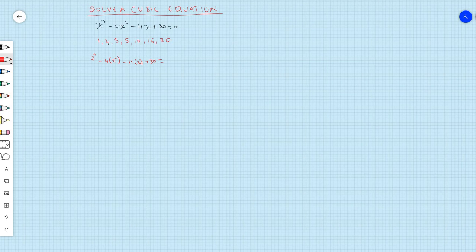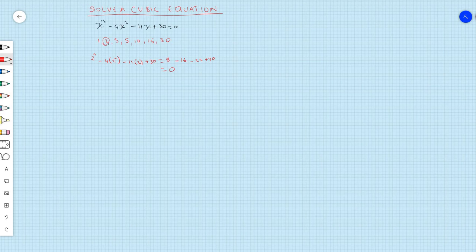We have 2 cubed is 8, minus 4 times 4, that's 16, minus 22 plus 30, right? And when you solve this, it gives you 0. So of course 2 works. I tried 1, and 1 doesn't work, so you can try that yourself, but we'll use 2 here.